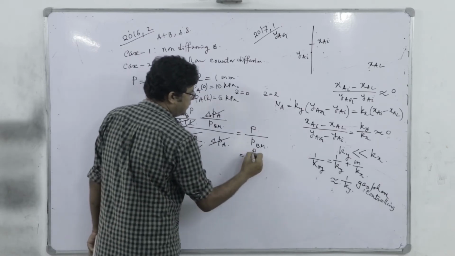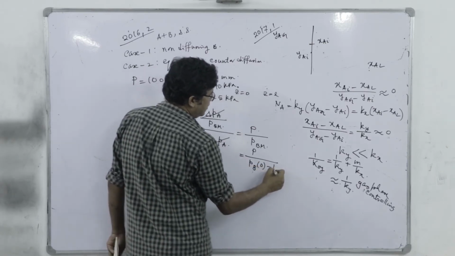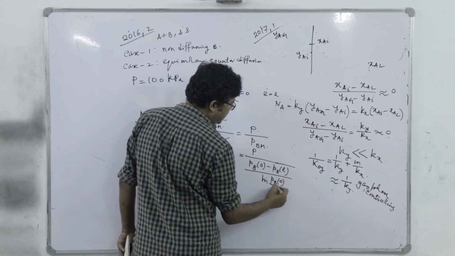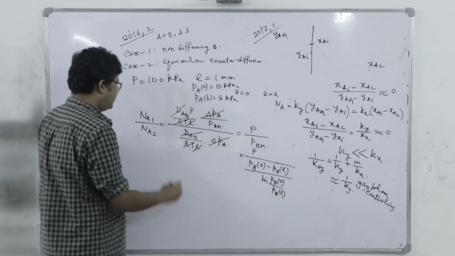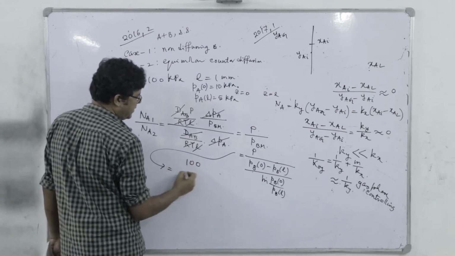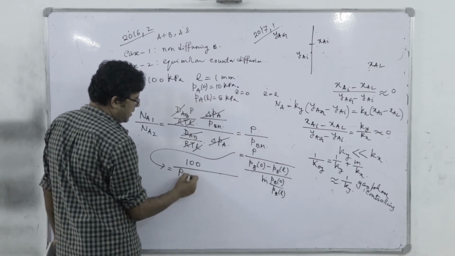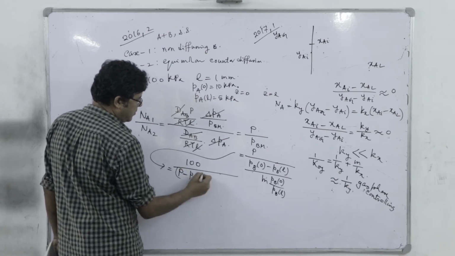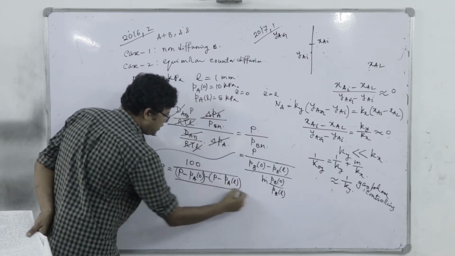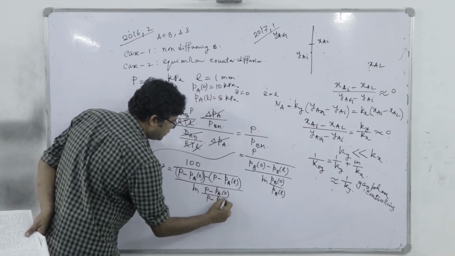So, P is equal to 100, now PBM, which will be PB at 0 minus PB at L divided by ln of PB at 0 by PB at L. So, you see this is going to give 100 divided by P minus PA0 minus P minus PAL, right, divided by ln of P minus PA0 by P minus PAL, because there are only two components.